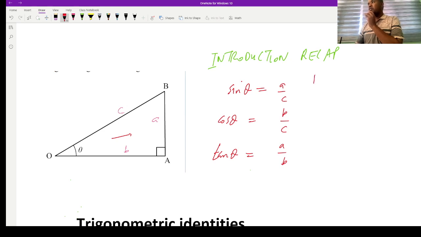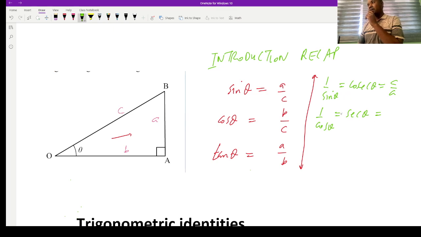And talking of the corresponding reciprocals, 1 over sine theta is cosecant theta, the reciprocal of sine theta, which is C over A. And 1 over cosine theta is sec theta, and the reciprocal of cosine theta is C over B. And the reciprocal of tan theta, that is 1 over tan theta, will be equal to B over A, dear students, but that is cot theta.